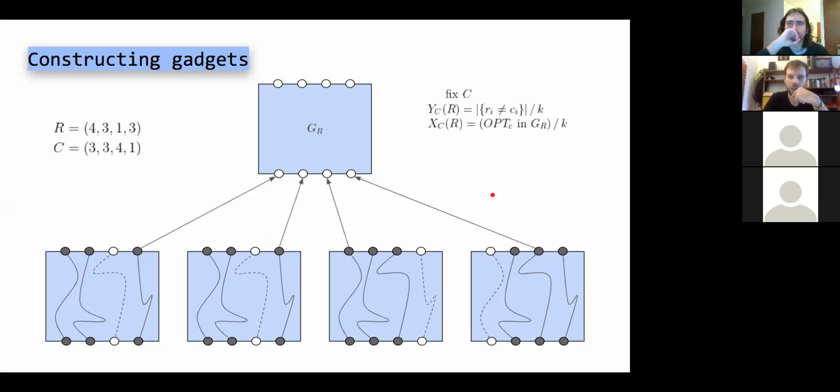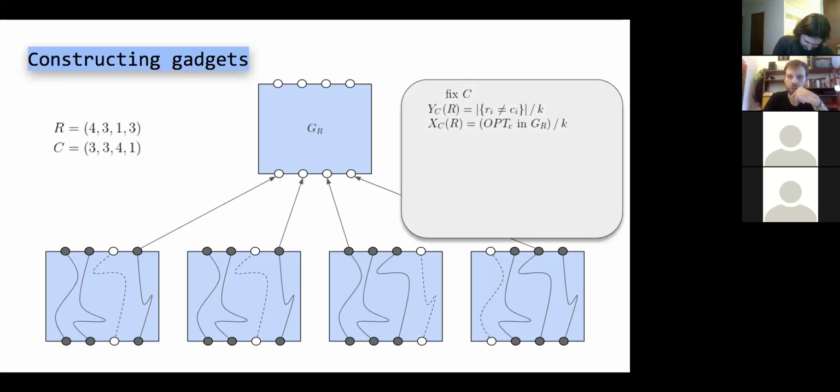All right, nothing fancy happening so far, but right now observe that x of c is always, if we are given a no instance where we cannot satisfy all the terminal pairs, bounded by (k minus 1) over k, because this is the bottleneck.